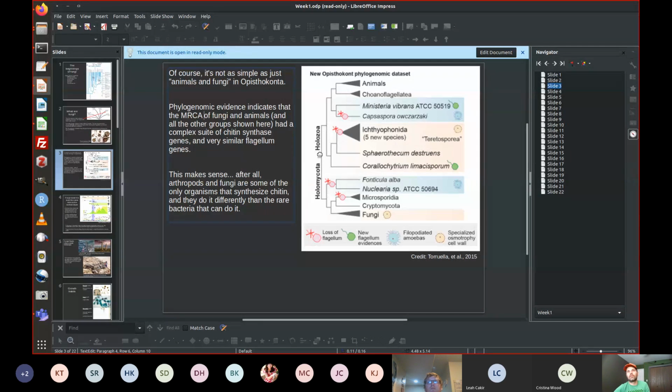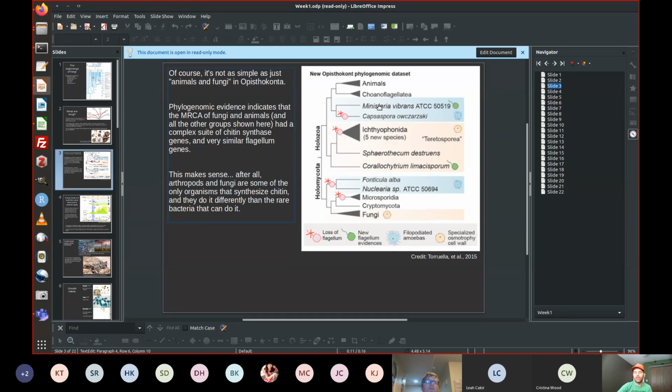What does that have in common with what we see now in animals and fungi? That's one of the questions that evolutionary biologists try to answer, to track back where all the changes happened. How far back did they have certain traits? Well, we see the flagellum in some of these.